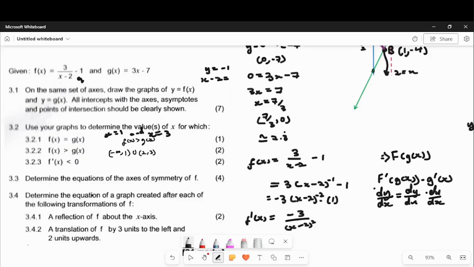And then we need to find where the first derivative is less than 0. What I did, I just went ahead and used an online graphing calculator to find the sketch of these, but you can attempt to do this on your own if you can. However, x is not equal to 2 because we will have an undefined value. By using my graphing calculator, this is what I found.